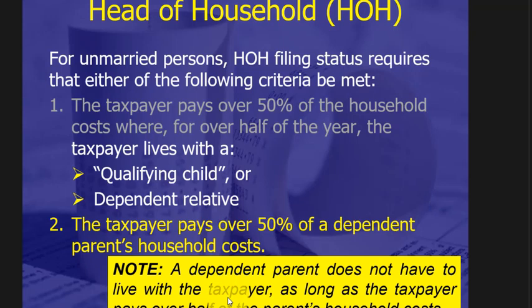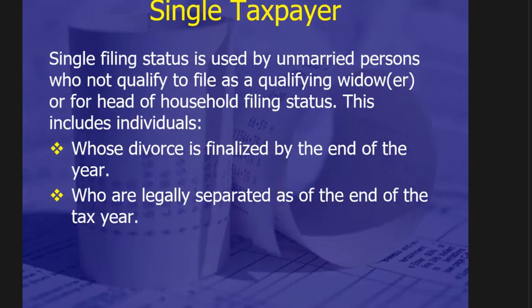So you can be head of household even though you are supporting your mother in a rest facility somewhere else. But if you're giving over 50% of that cost, you can still be head of household. All right. Single is divorced or legally separated at the end of the year.